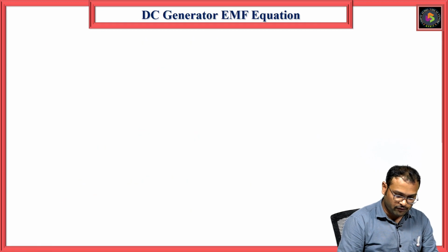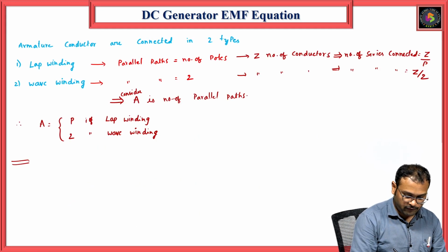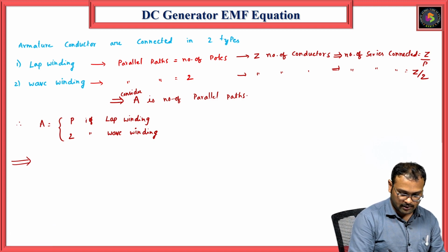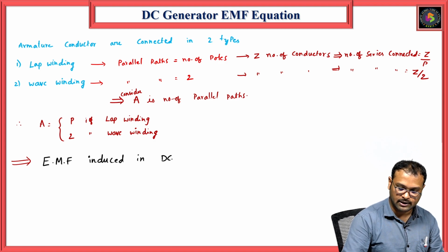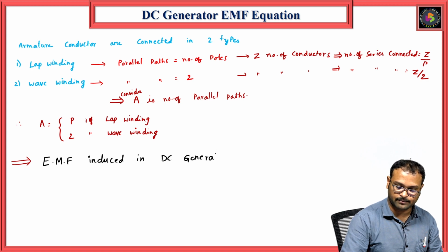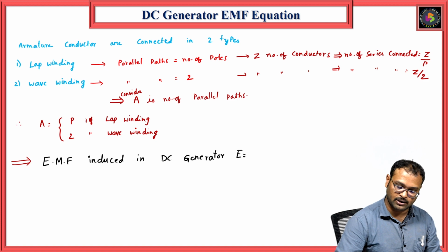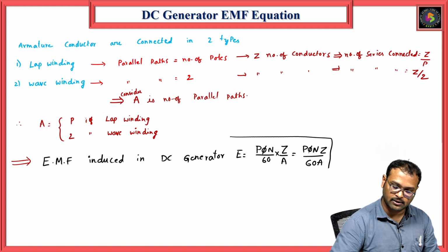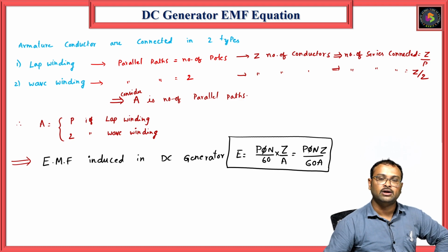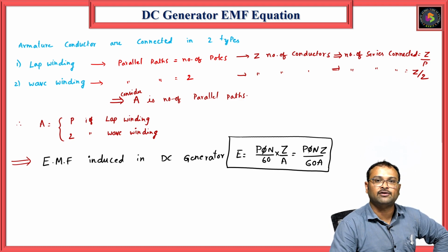So finally we get the EMF induced in a DC generator: E is equal to P phi N by 60 into Z by A, which is equal to P phi N Z by 60 A. Right? So this is the EMF equation of DC generator.